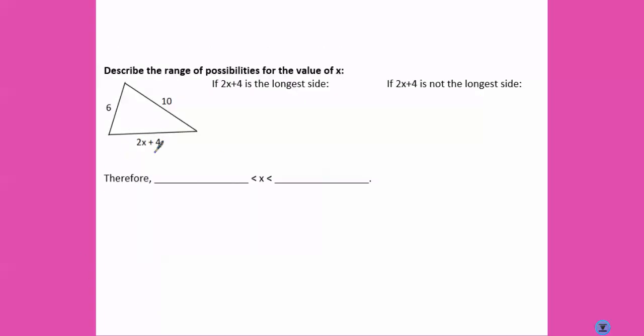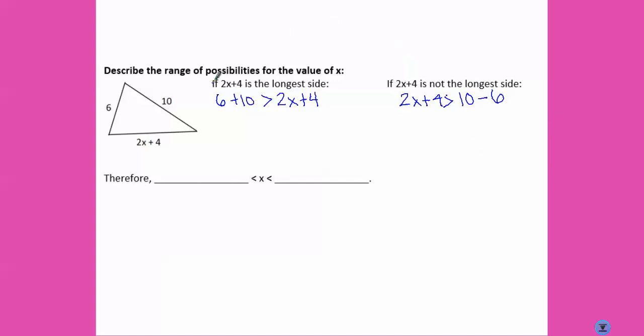What if our third side has a variable in it? If 2x plus 4 is the longest side, then 6 plus 10 has to be greater than 2x plus 4. And if 2x plus 4 is not the longest side, then 2x plus 4 has to be greater than 10 minus 6.